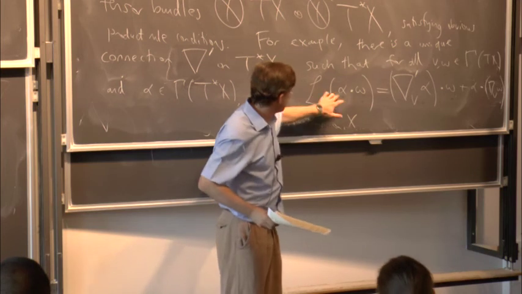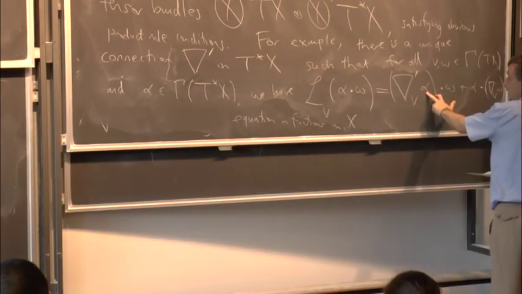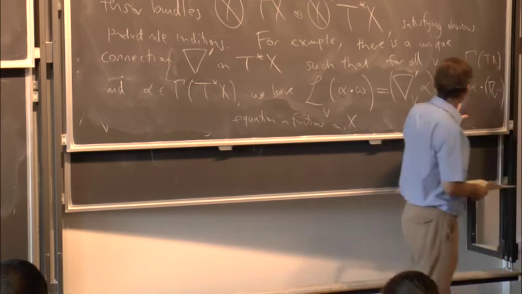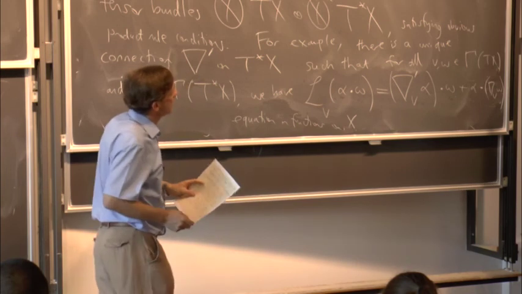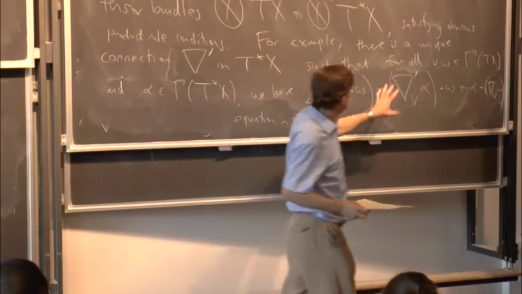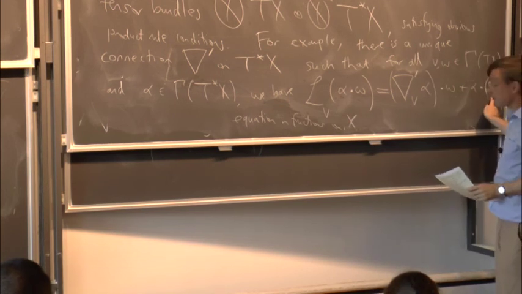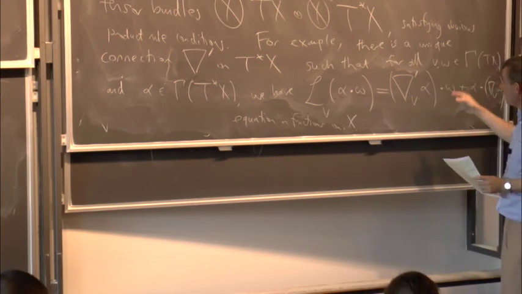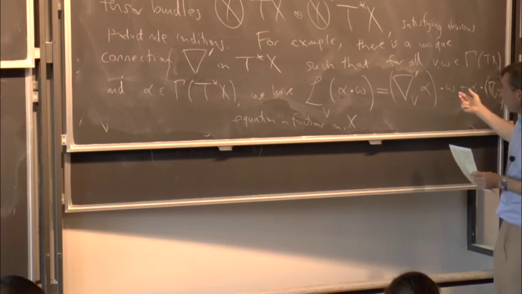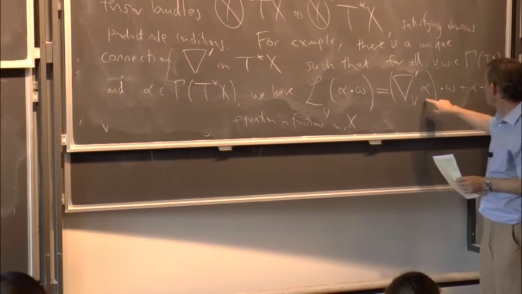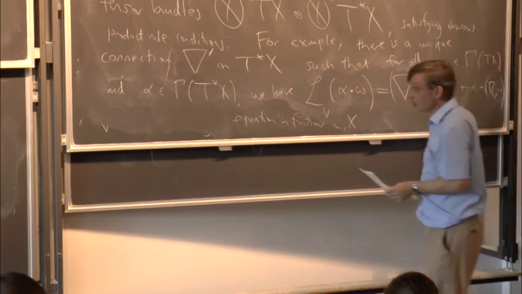If you differentiate alpha times w, the answer should be what you get if you differentiate alpha and times w, plus alpha times the derivative of w in direction v. Now, there is a unique connection nabla prime which has the correct compatibility with nabla to make this true. If you choose a different connection nabla prime, this would be true plus some extra terms, trilinear in v and alpha and w, but with no derivatives in.